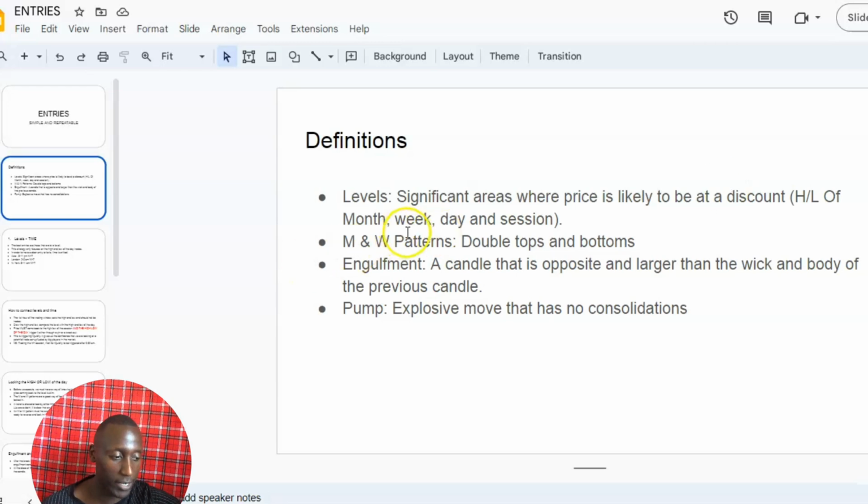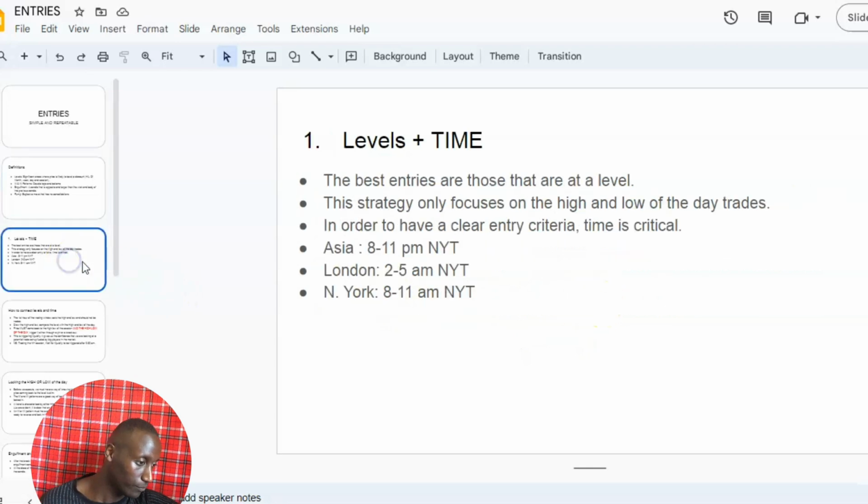M and W patterns are just double tops and double bottoms. And then engulfment candles. An engulfment candle is opposite and larger than the wick and the body of the previous candle. And then lastly, the pump. The pump is an explosive move that has no consolidations.